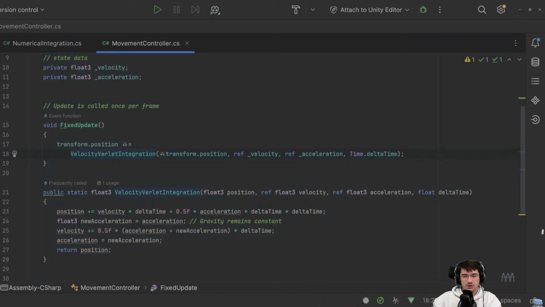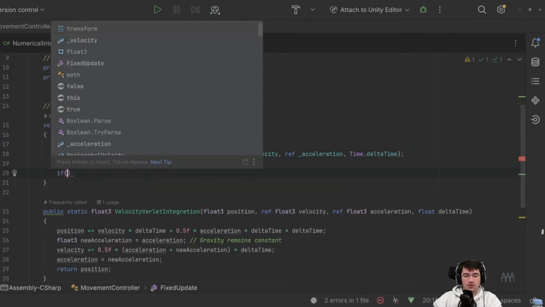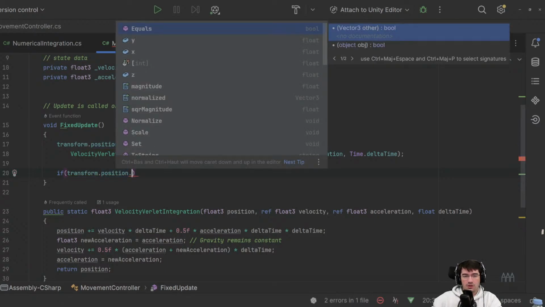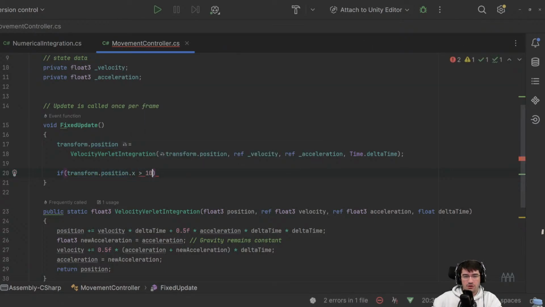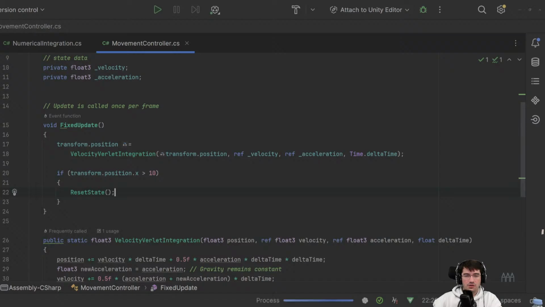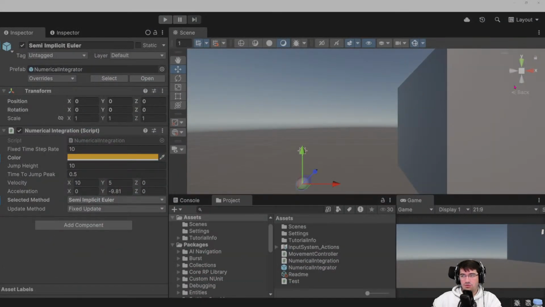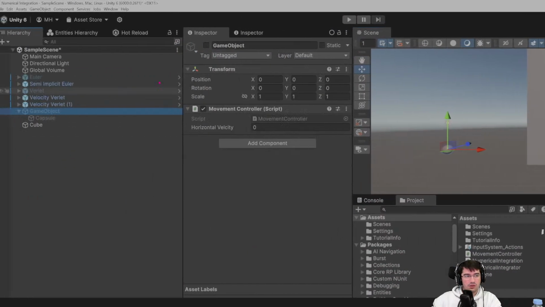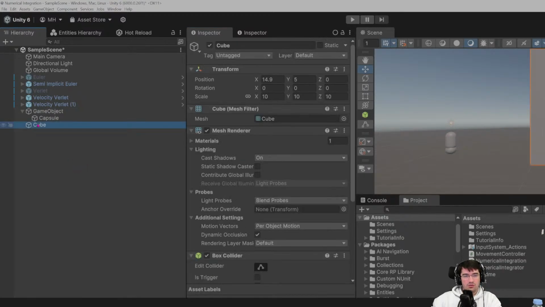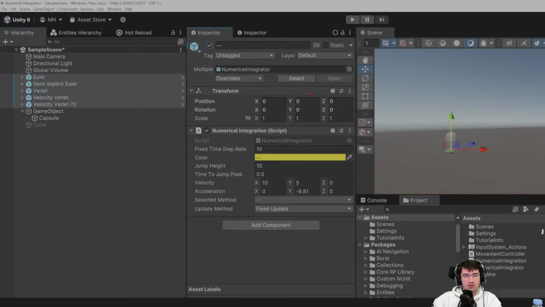And I want to reset if my transform position x is above 10. Reset state. So that should give me something that moves to the side and reverts back to 0.